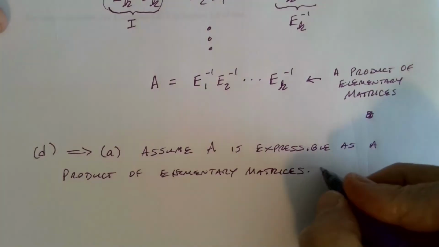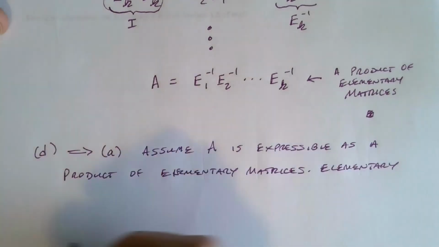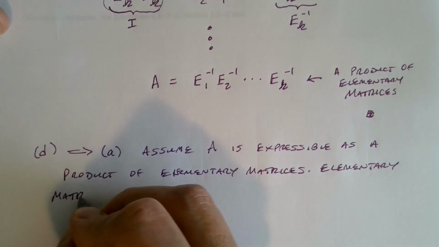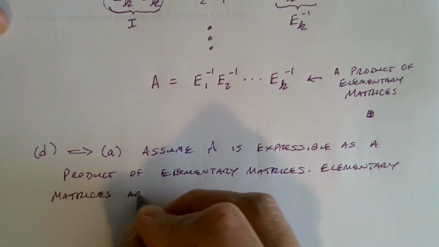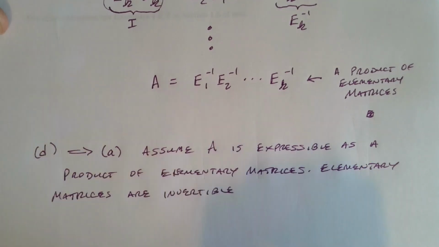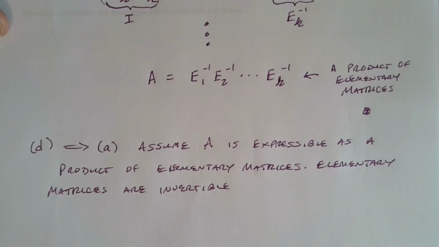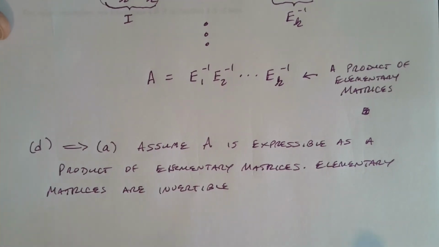But again, elementary matrices are invertible. So if A is expressible as a product of elementary matrices, it's also expressible then as a product of invertible matrices.